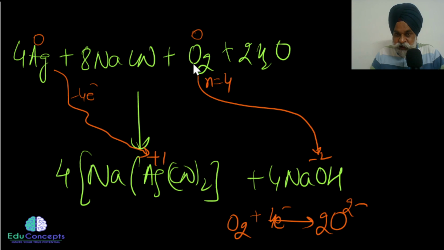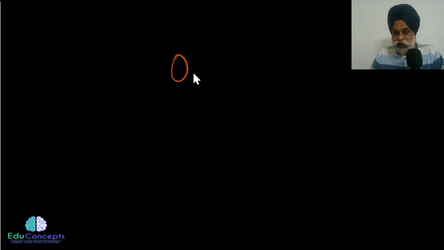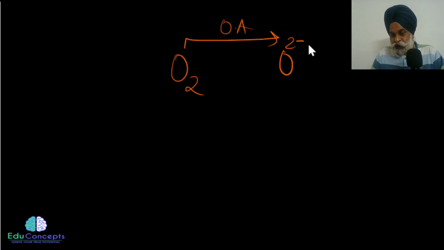So here oxygen is acting as an oxidizing agent, and always remember that wherever oxygen is given as one of the reactants and is part of a redox reaction, it primarily acts as an oxidizing agent because it always would want to go to O2 negative. Although oxygen does have the +1 or plus half oxidation state, it rarely acts as a reducing agent.